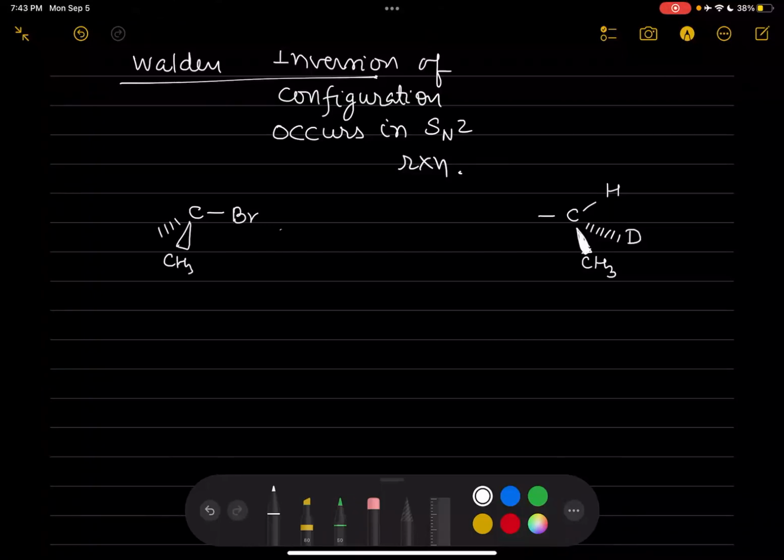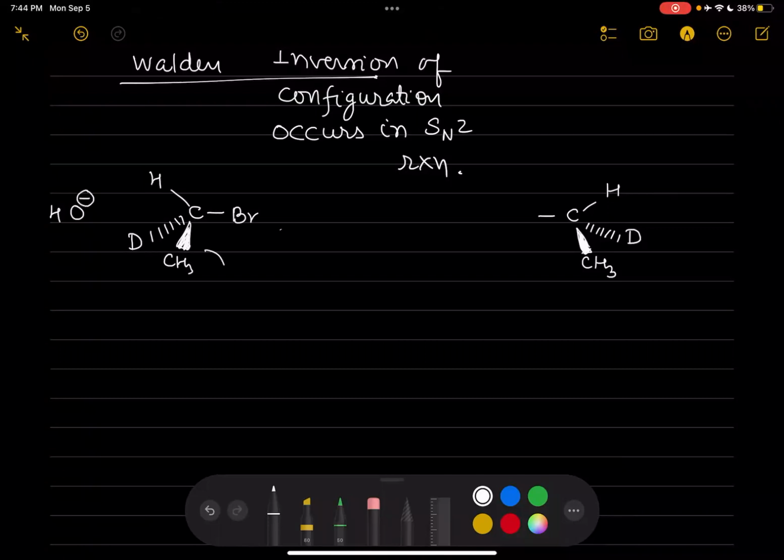What do you mean by wedge and dash? What do these bonds represent? Sir, configuration.